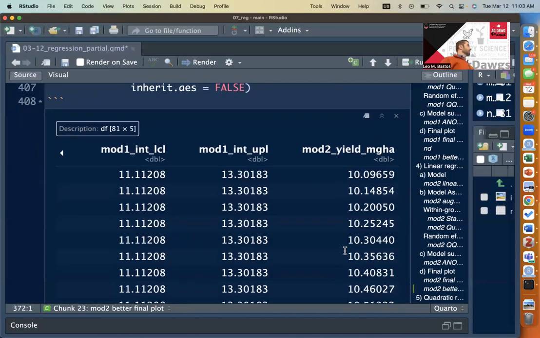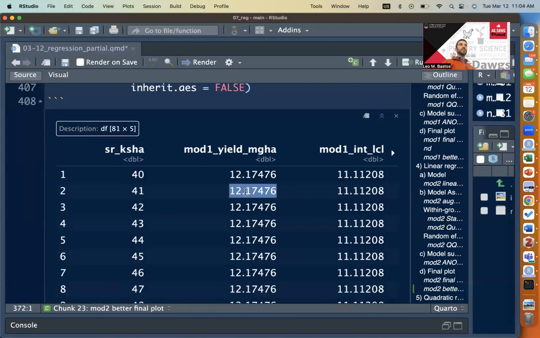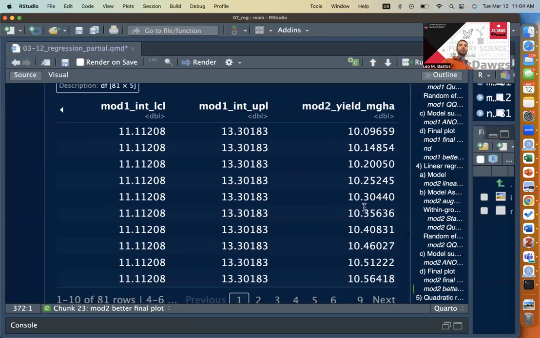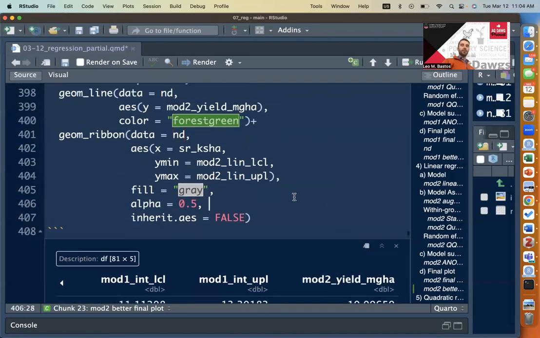Something to notice as well is that for model 1, mod 2 yield and mod 1 yield had the same number for all the seeding rate levels because it was an intercept only. So it is assuming that the prediction of yield is equal to the mean yield for that model. Model 2 now is an intercept plus slope model. So the estimate of that model is changing as you change seeding rate, as you would expect, because the model has that slope term.